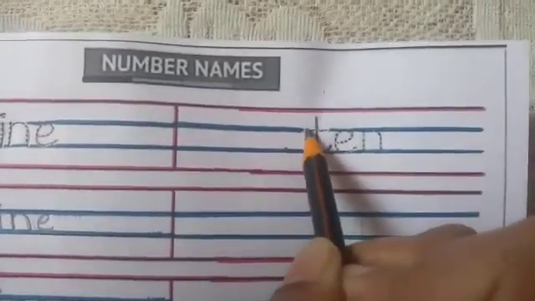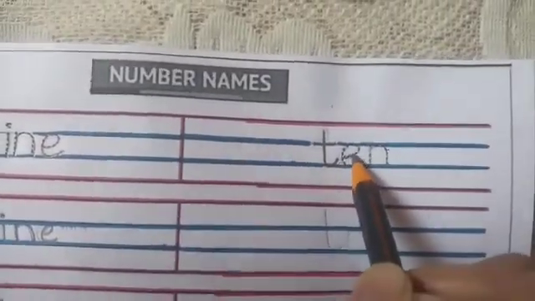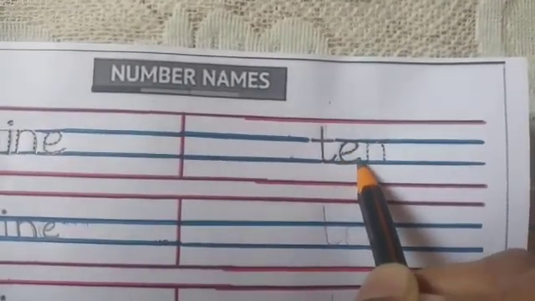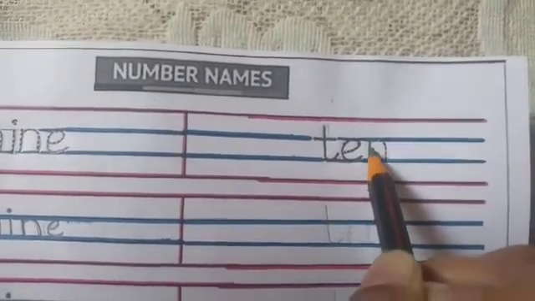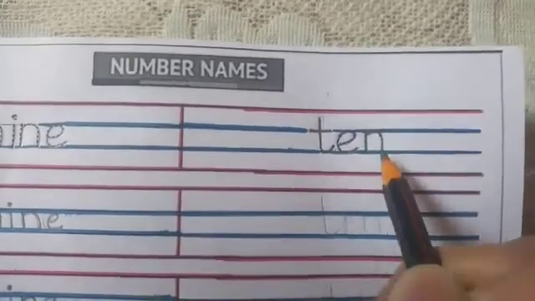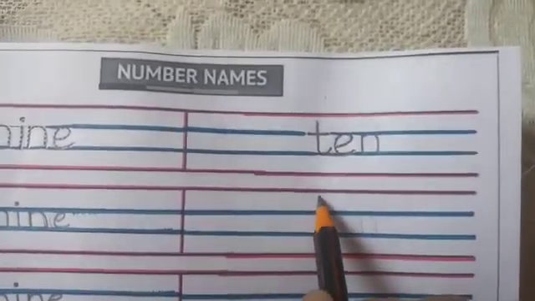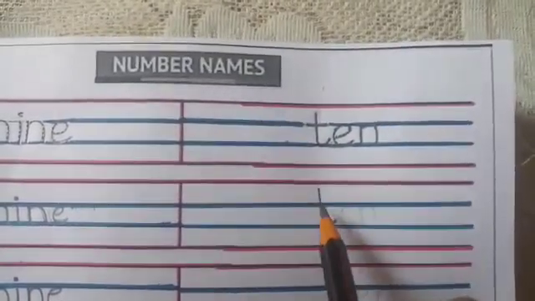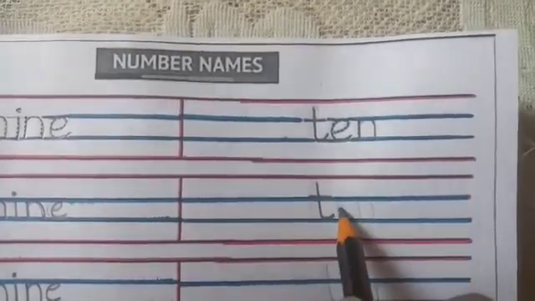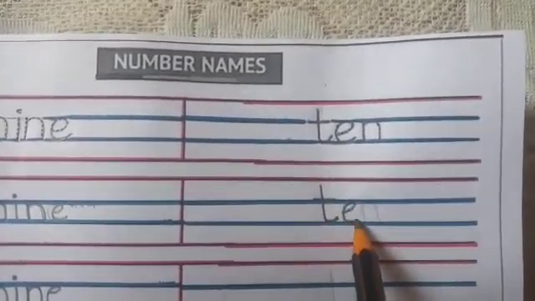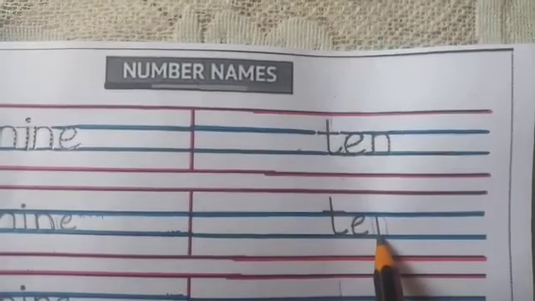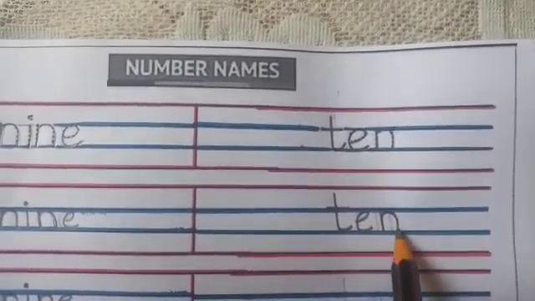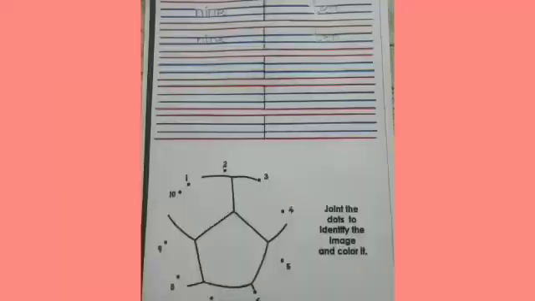T, E, N, 10. Again on the next line, pencils below the red line. T, E, N, 10.